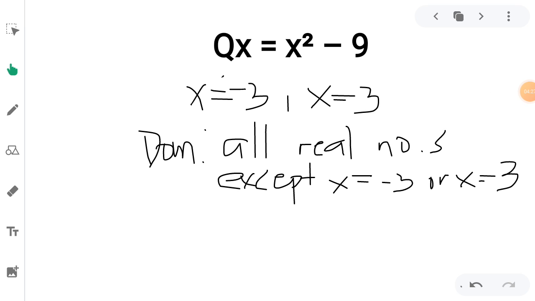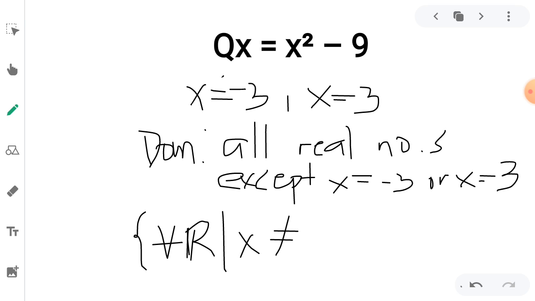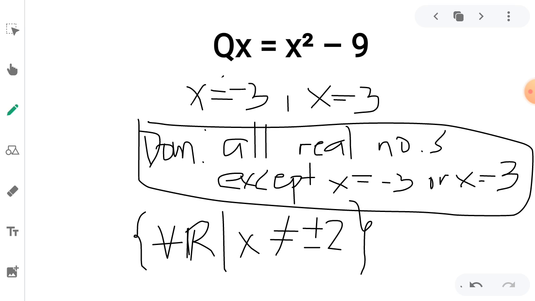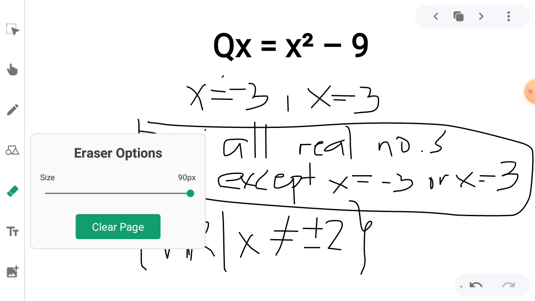In writing the domain in set builder notation, or the rule method, we are going to write x is not equal to positive or negative 3. So this domain, which is all real numbers except x equal to negative 3 or x equal to positive 3.